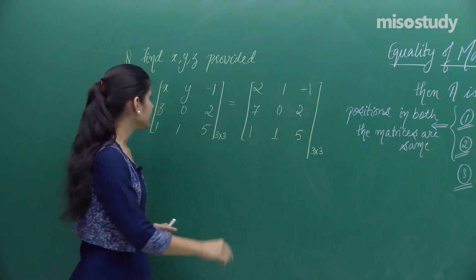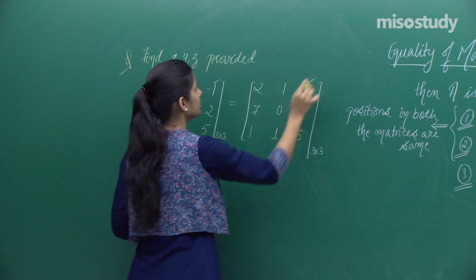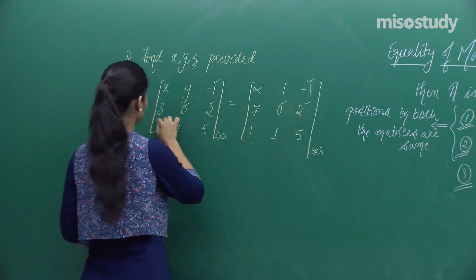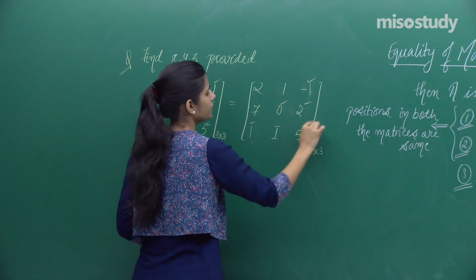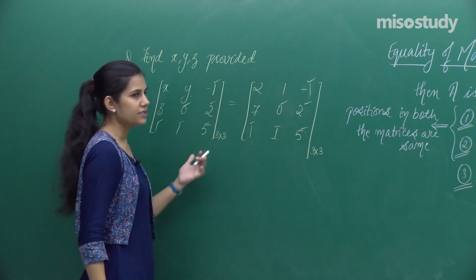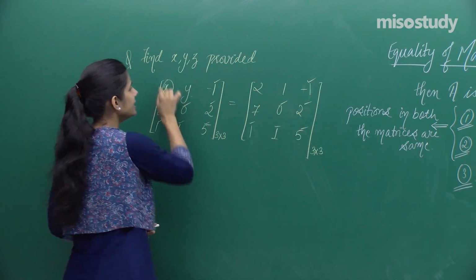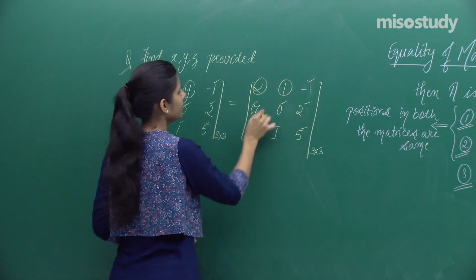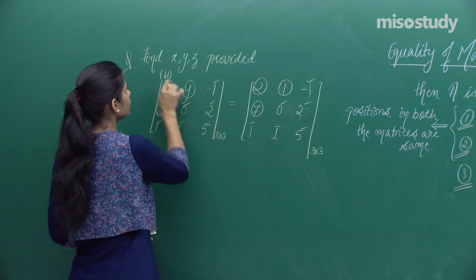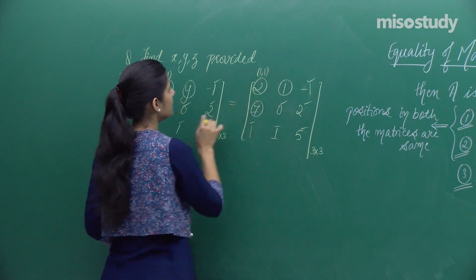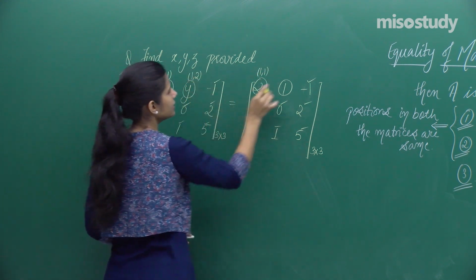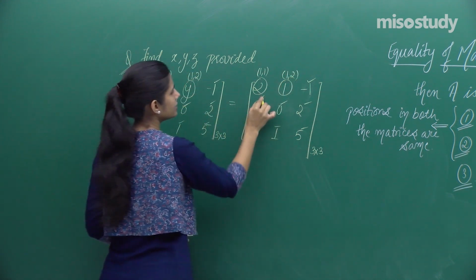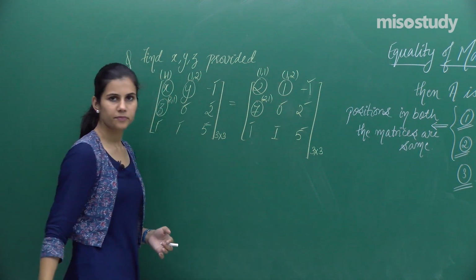Thus, you can see that this entry is the same: 0, 2, 1, 1, 5. If these two matrices are same, even these entries will be same. These are corresponding entries. Why? Because this is the 1 1th element of this matrix and this is the 1 1th element here. This is 1 2th element here, this is 1 2th element here, this is 2 1th element here and this is 2 1th element here.